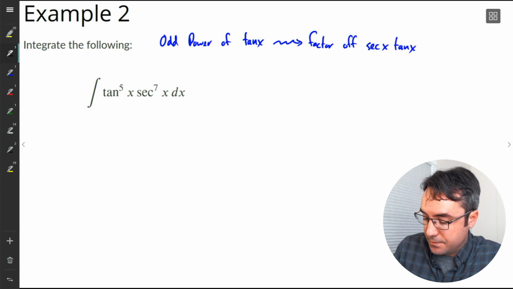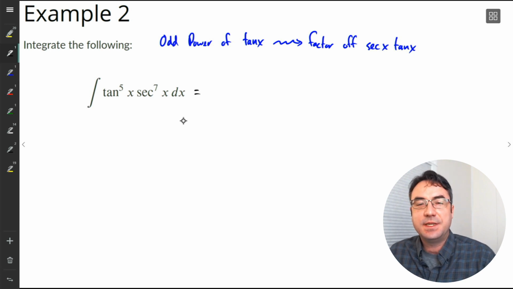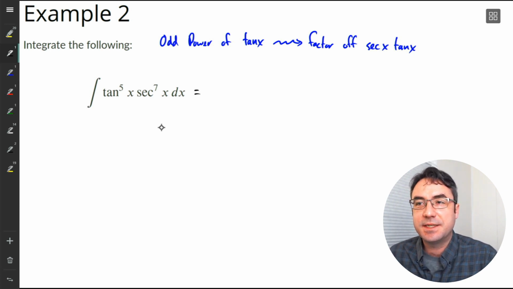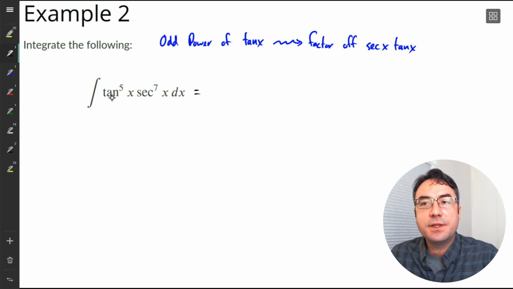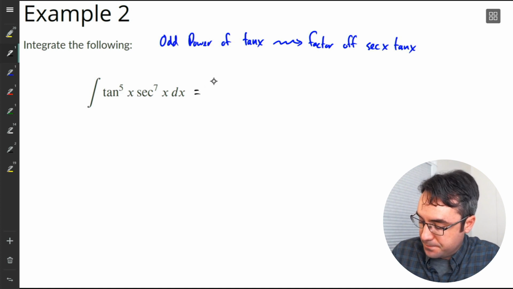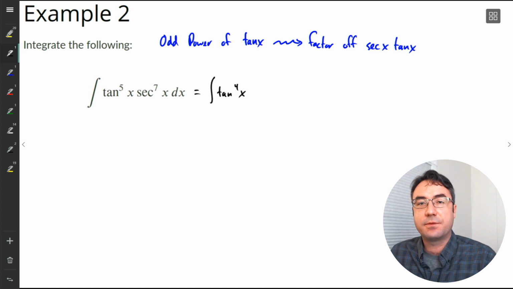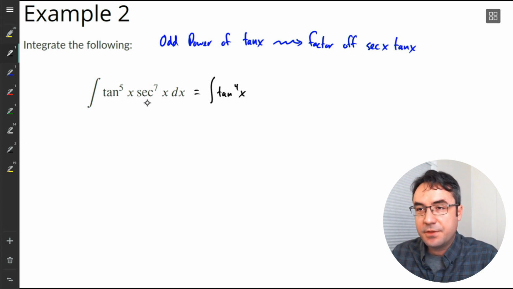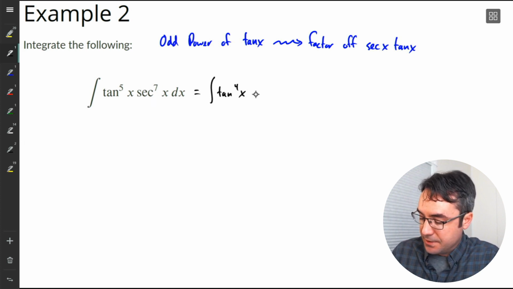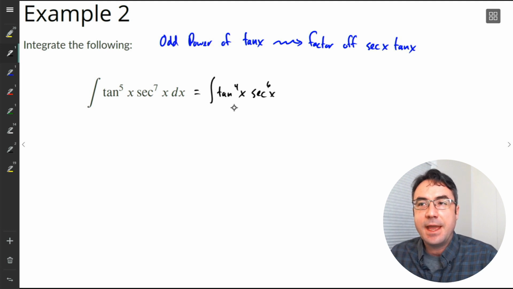Just like we did in that wrong choice in the last example, we're going to take one of the tangents from here. So that'll give us tangent x to the power 4. We're going to take one of the secants from here. So that'll give us secant x raised to the power 6.